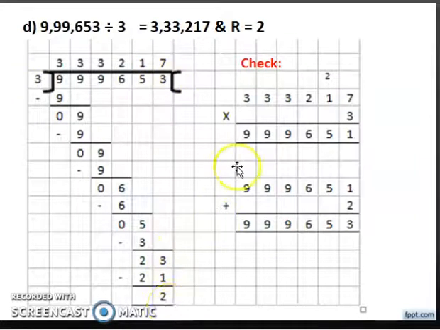Remainder 2. So checking, I have written the quotient. This is my divisor. This is my answer received after multiplication. And I add the remainder to it to receive the answer, which is equal to my dividend. And my quotient is 3,33,217 and my remainder is 2.